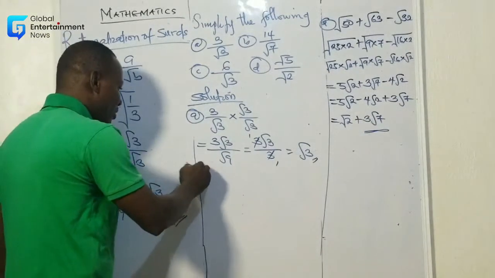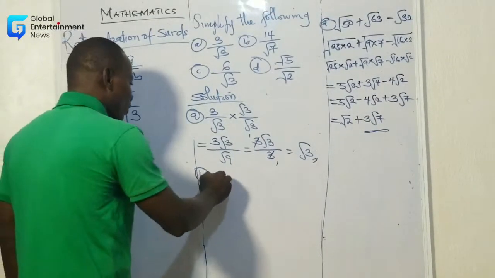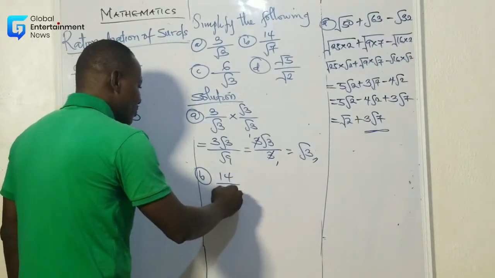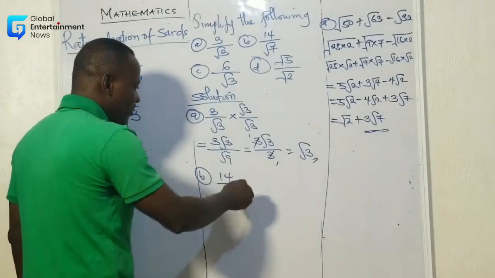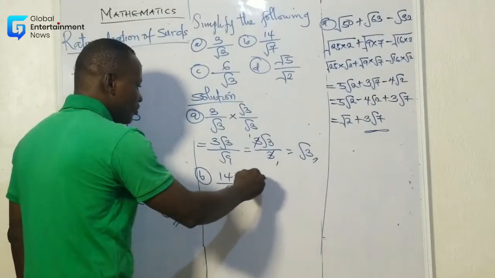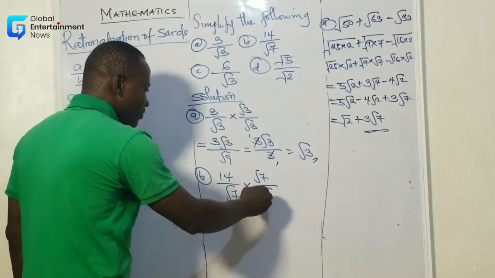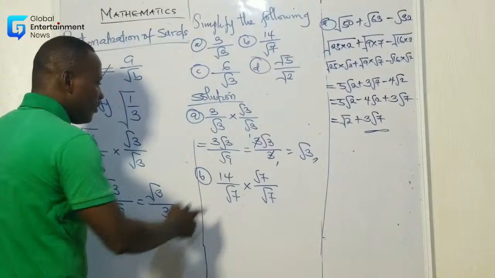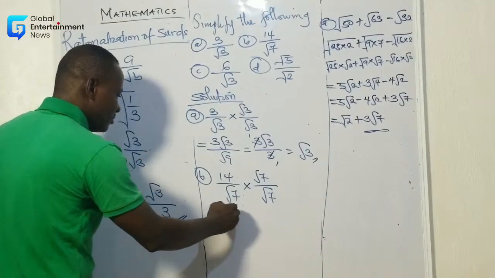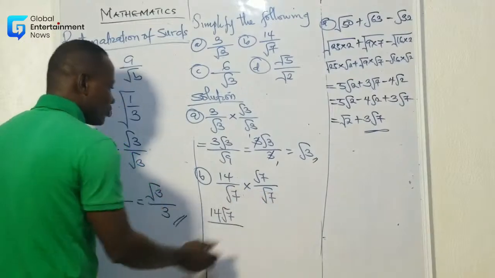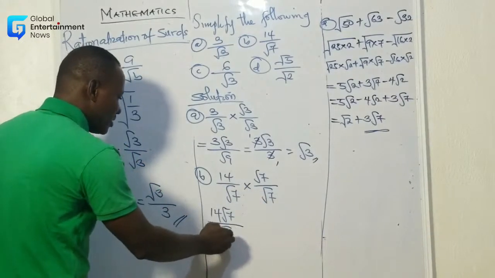Then the second one, we have 14 over root 7. We use root 7 to multiply both, so we have times root 7 over root 7. 14 times root 7 is 14 root 7, all over root 7 times root 7, which is root 49.